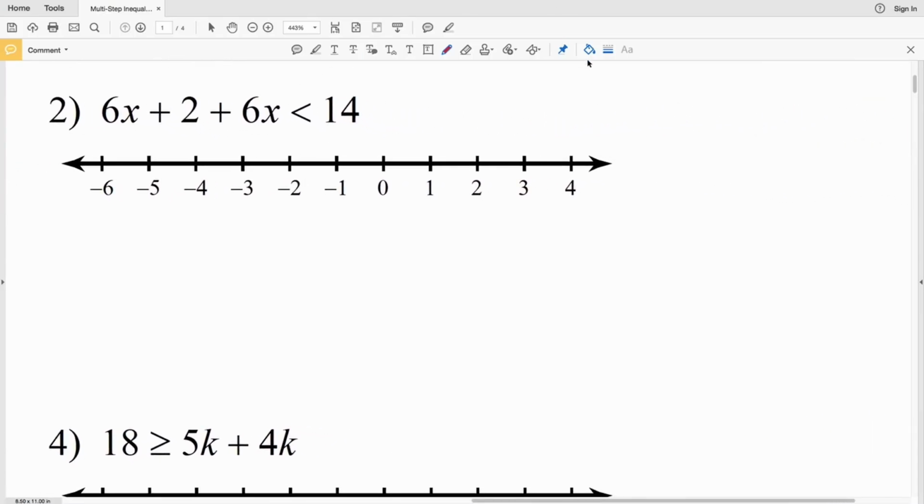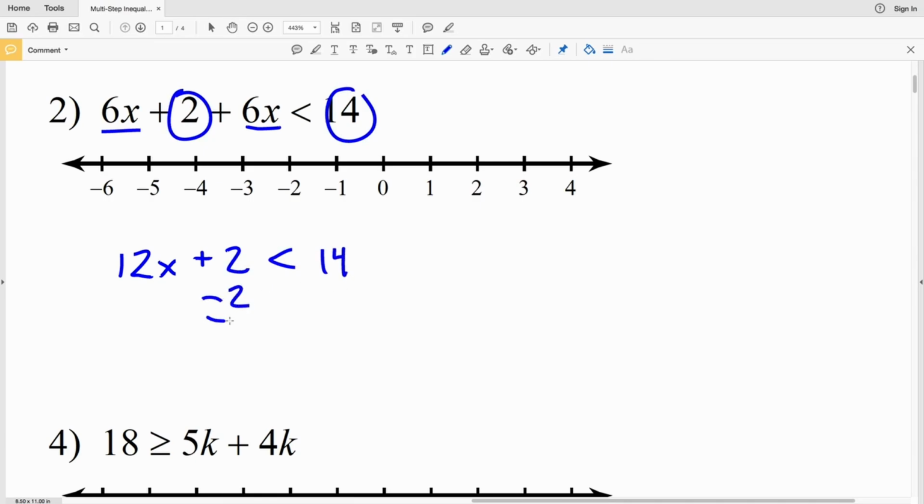Moving on to number 2, we're going to combine like terms on the left-hand side. So the two 6x's will be combined to be 12x, and that'll be plus 2, since that's still left on the left-hand side, is less than 14. Now I'm going to subtract 2 from both sides to get that 12x is less than 12.